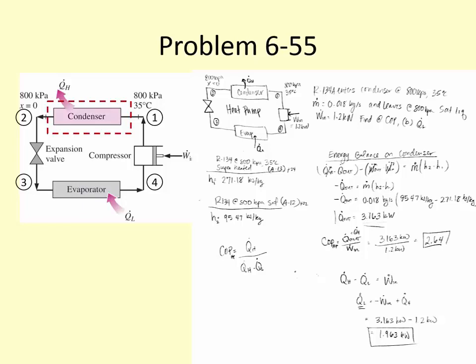Are you looking at the same table as is in the book or just one you found on the internet? Let me look. Okay, so 800 kilopascals. Yep, you have to interpolate.